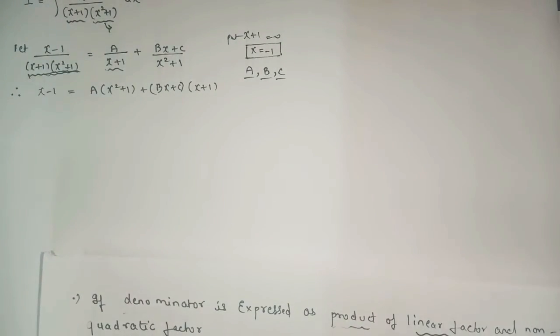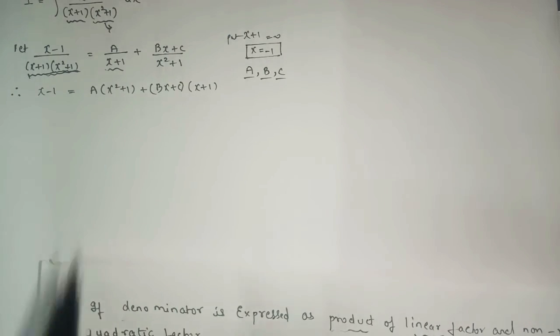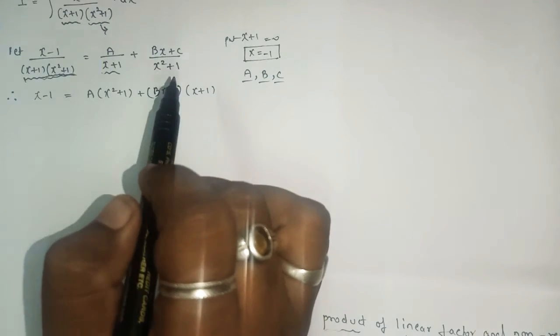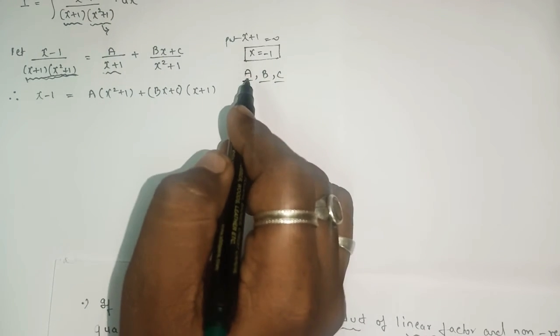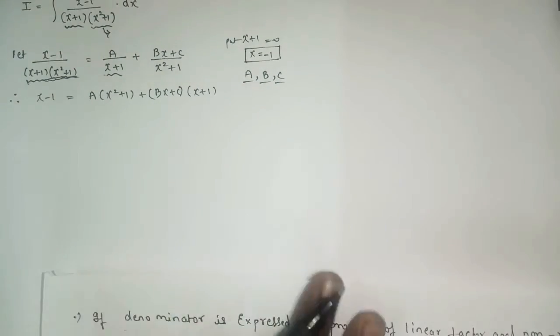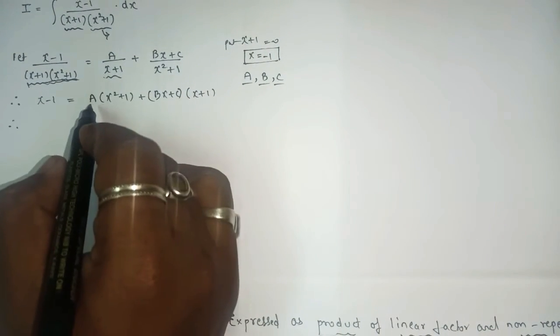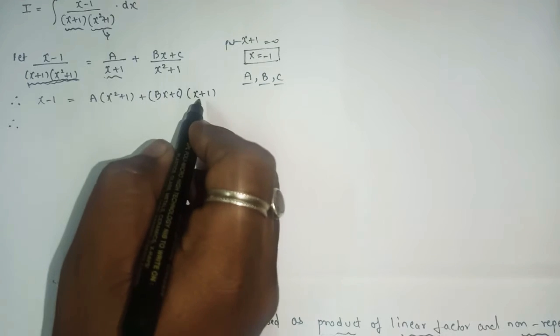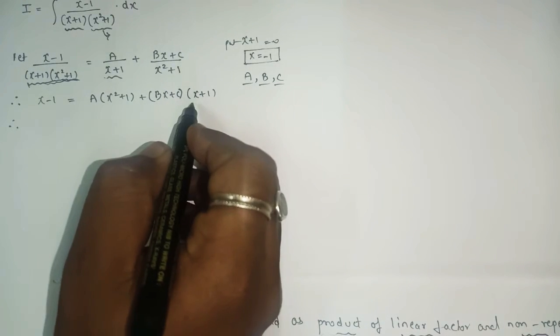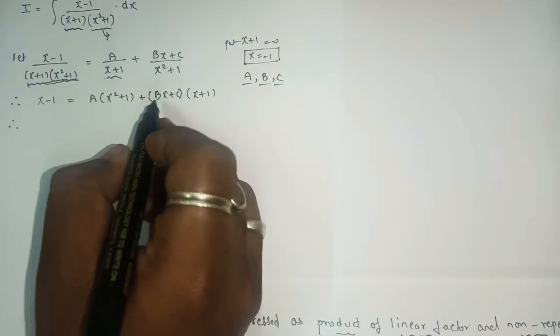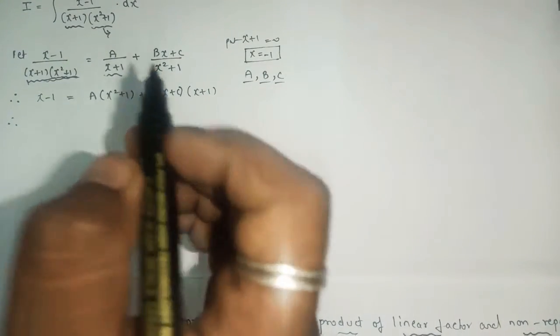So now we'll see the procedure for how to find them. With the help of this one linear factor you are able to find one answer, but what about the remaining two? Okay, so now we'll see. Here we'll open the brackets and arrange the terms with respect to like terms: x square, x, and the number.